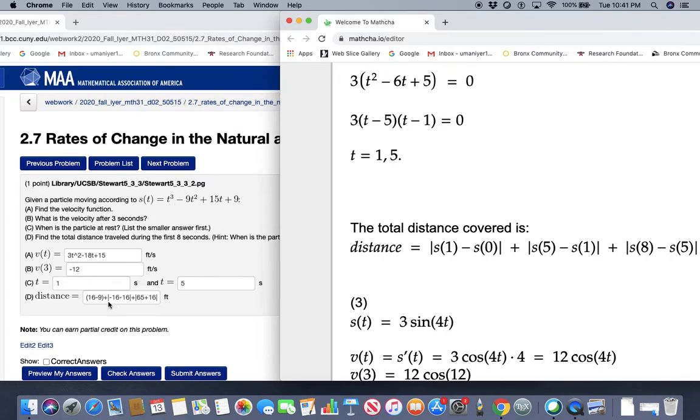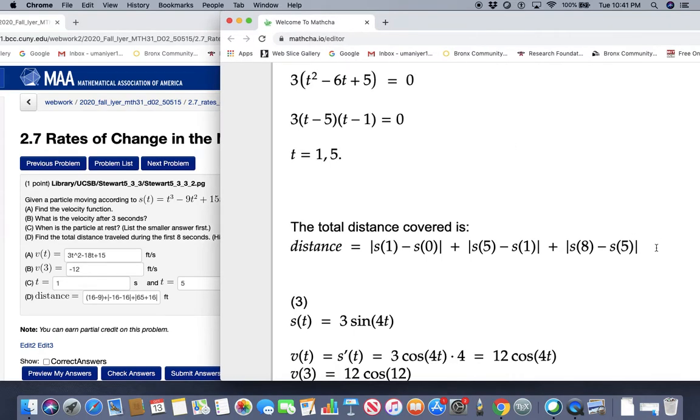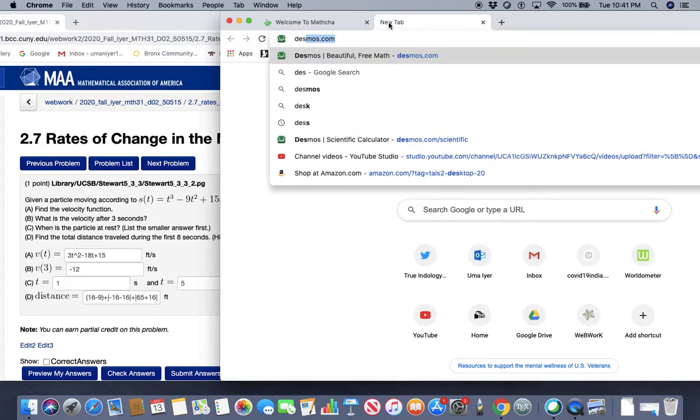So s at 1, plug in 1, and then s at 0, and so on. I have simply written down the values here. So let's open our calculator.